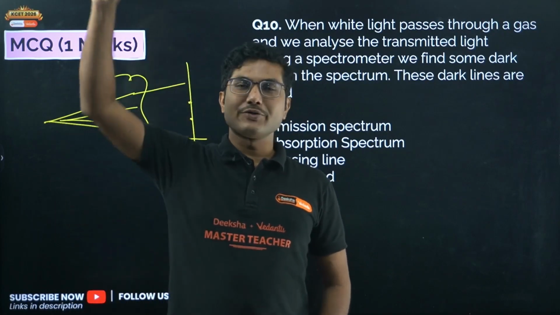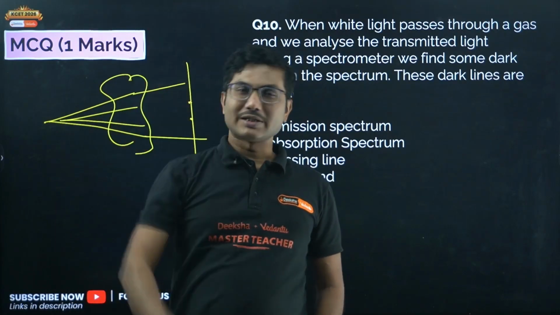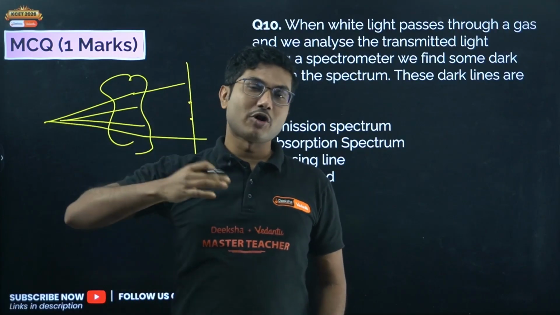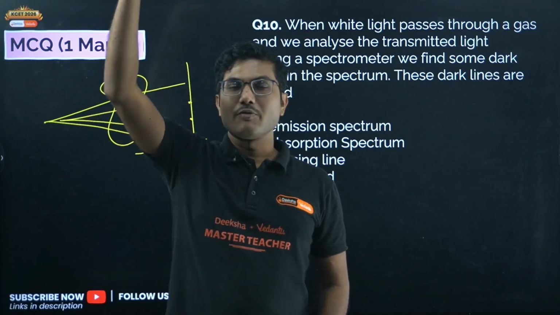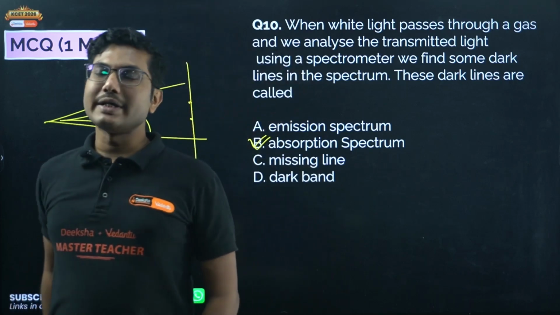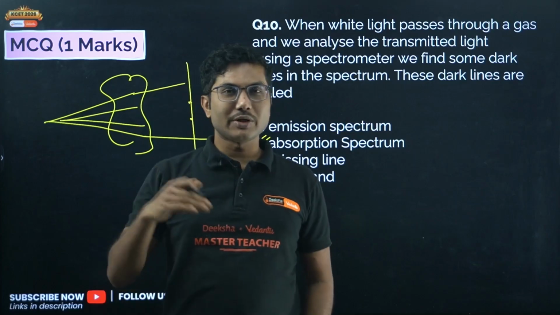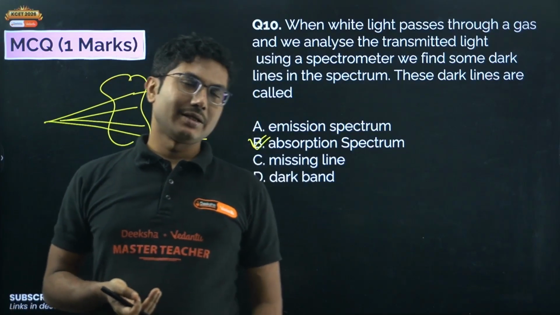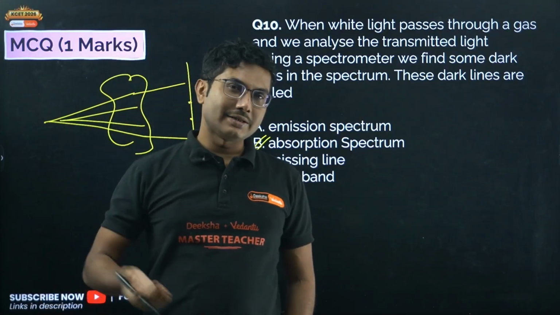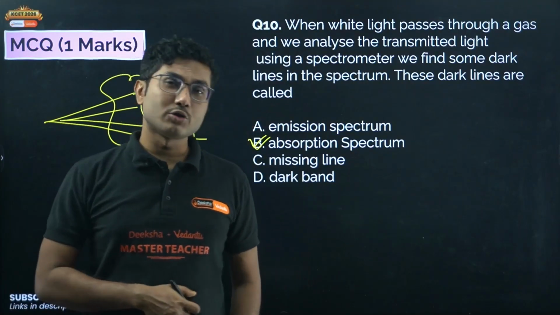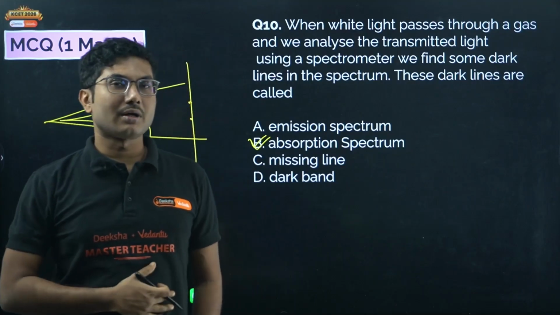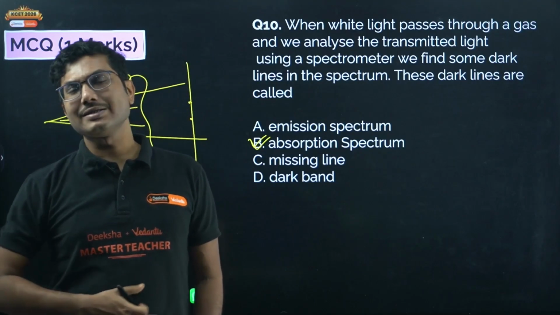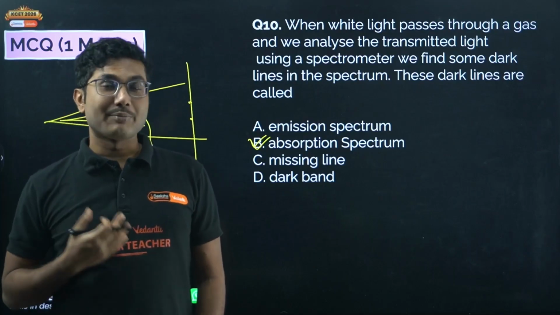So what is the meaning of absorption spectrum? For example, the light coming from the sun, when it passes through our atmosphere, some of the emitted frequencies are absorbed. For example, all the UV rays are absorbed by our ozone layer. So that's why we do not have those UV rays present in our light. Similarly, some other dangerous rays, some infrared rays can also be absorbed by atmospheric gases in transit. Those are called the absorption spectrum.